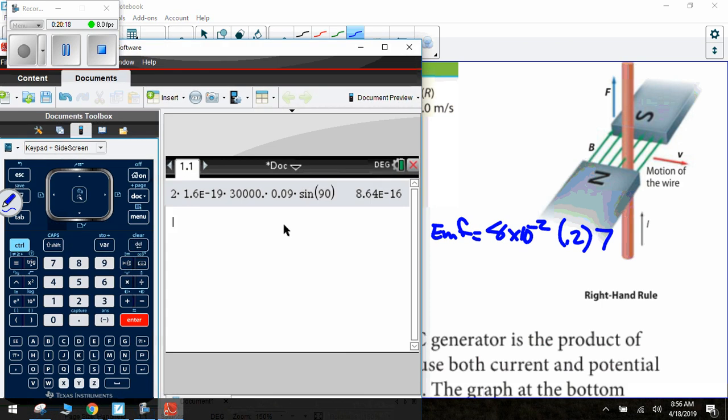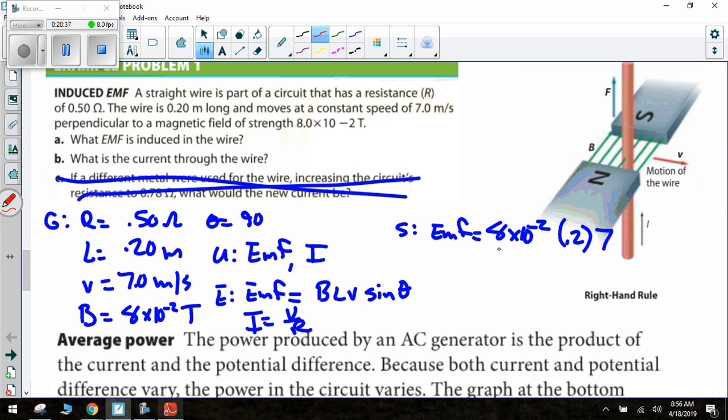All right, calculator, we do 8 double E negative 2 times 0.2 times 7. Get 0.112. 0.112 to 2 sig figs is 0.11 volts.